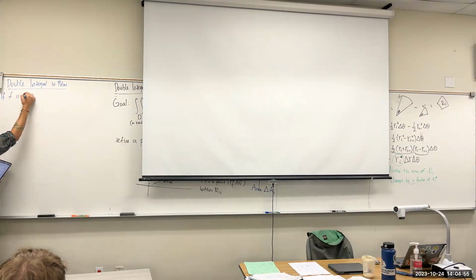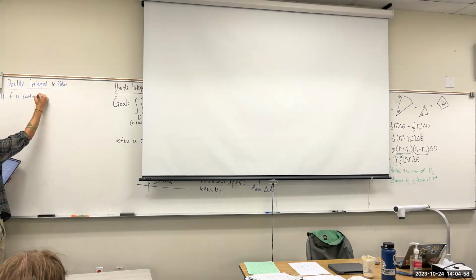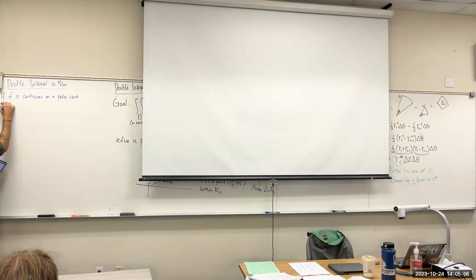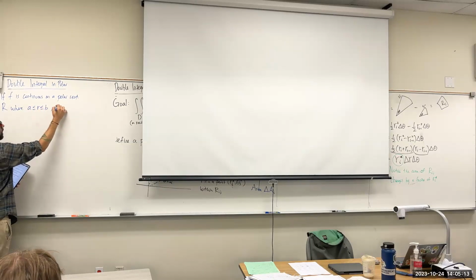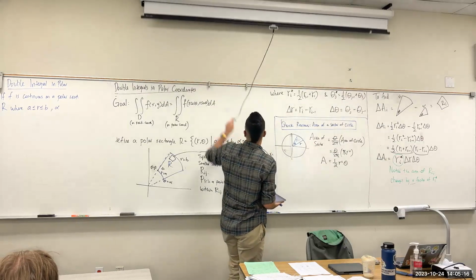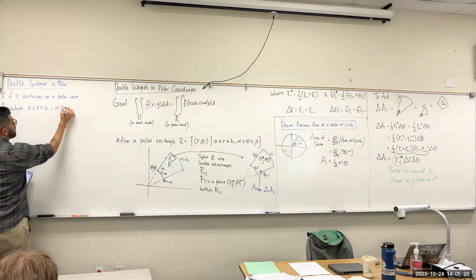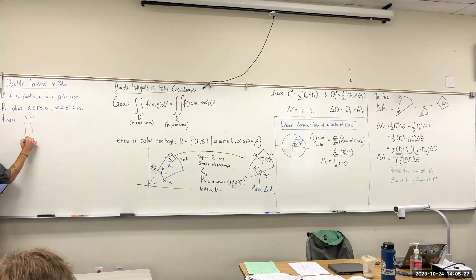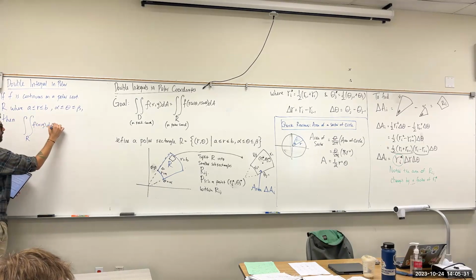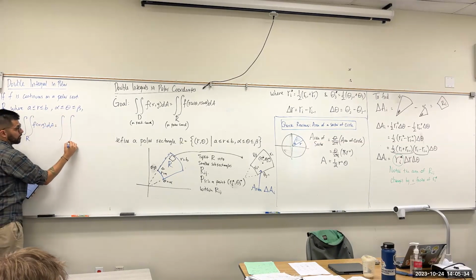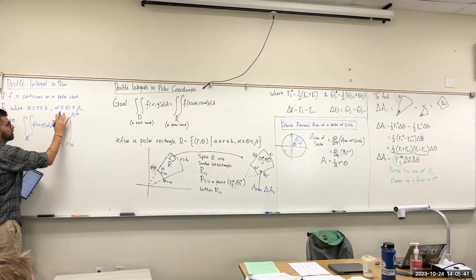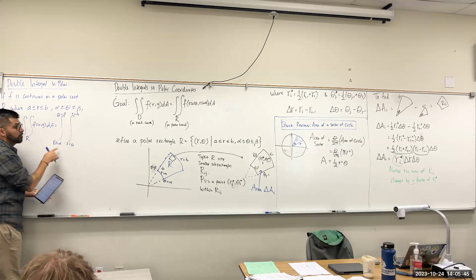So if f is continuous on a polar rectangle R, where your r is in between a and b, and then your theta is in between alpha and beta, then the double integral becomes r varying from a to b, and theta is going to vary from alpha to beta. And notice your bounds are just numbers.